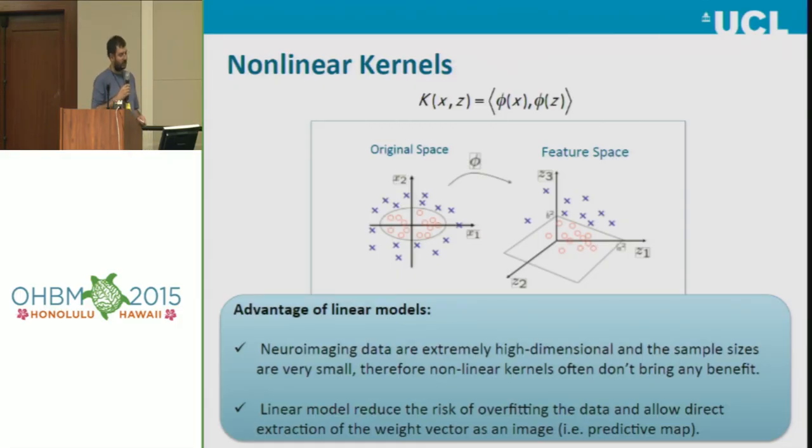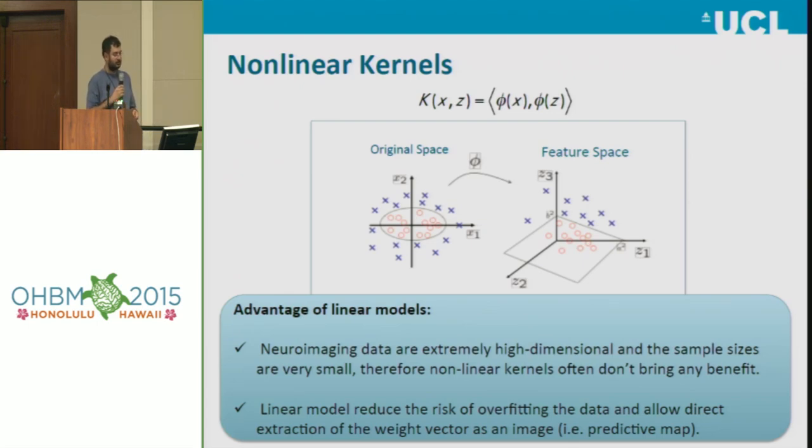You might say, well, why bother doing this? The reason is that if we're just using a linear kernel, we might find that we can't classify or predict very well. Here's an example in the original space. In the picture on the left, you've got two classes, the crosses and the circles, and you want to find a way of differentiating between them.